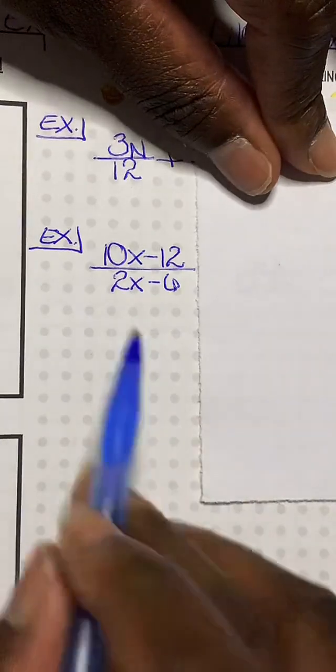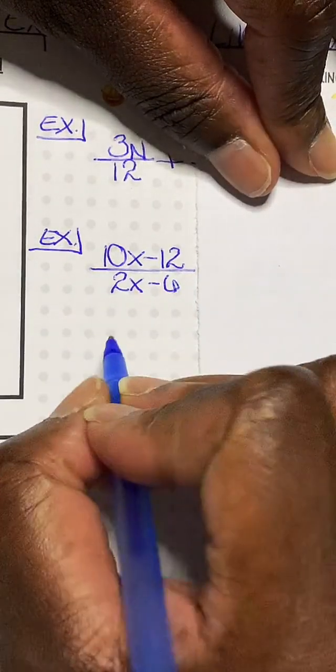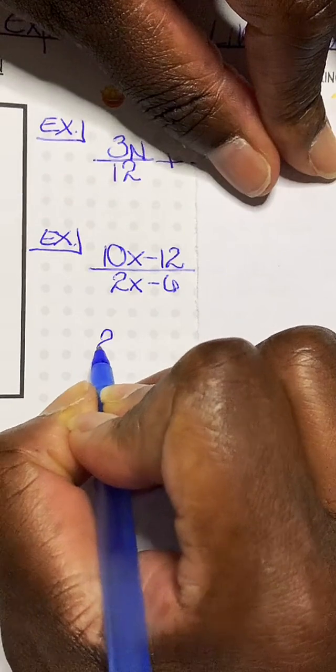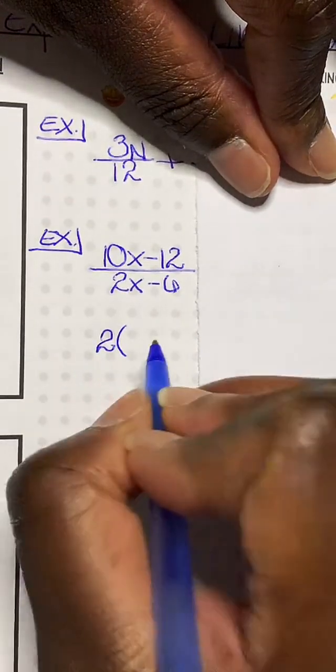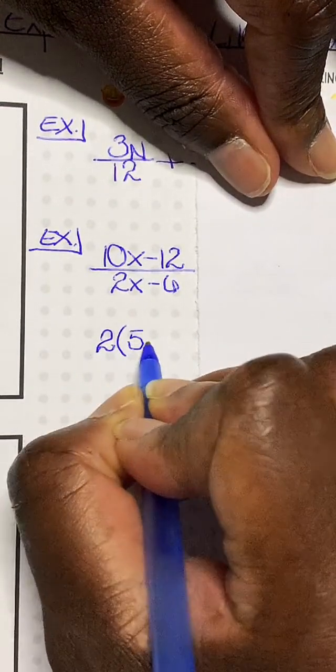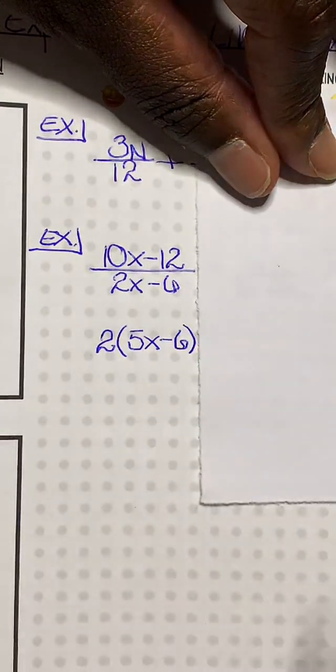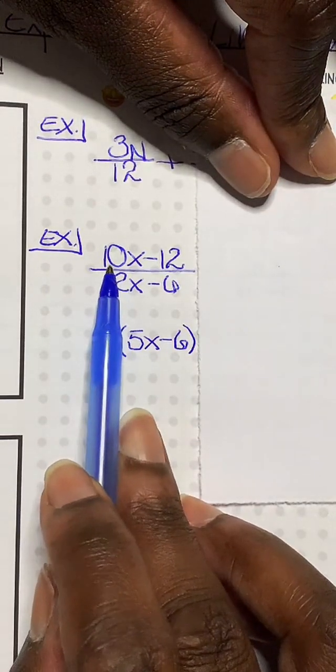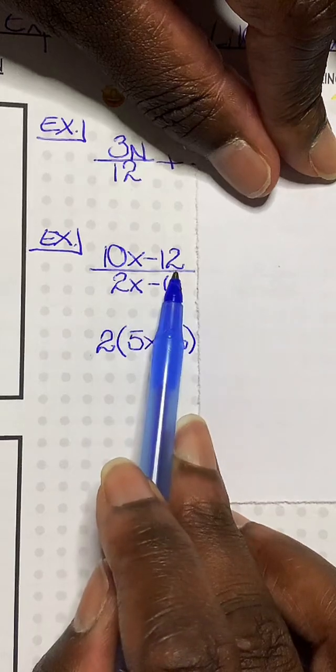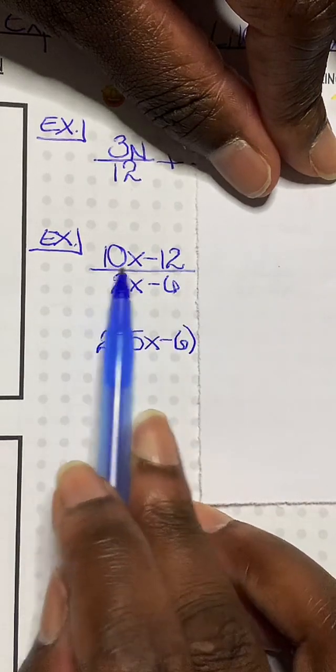All right. So now we do have a 2 in common. So I'm going to factor out that 2. And what's left is going to be 5x minus 6. All right. So 10 and 12, they both have 2 in common. They're part of the 2 times table.